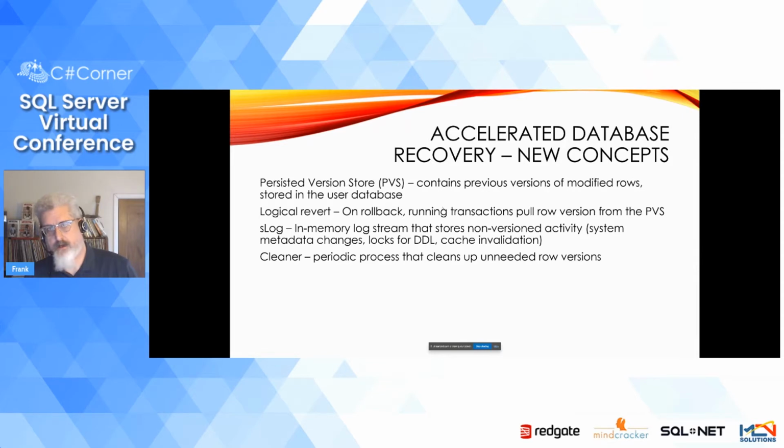So you turn this feature on per database, and when you turn it on, this version store gets created in the database. And as you are modifying data in the database, the previous record, so I go to update a row, I go to change a column in that row, prior to that change happening, the previous version of that row gets written into the persistent version store.